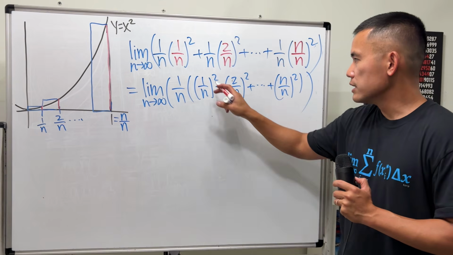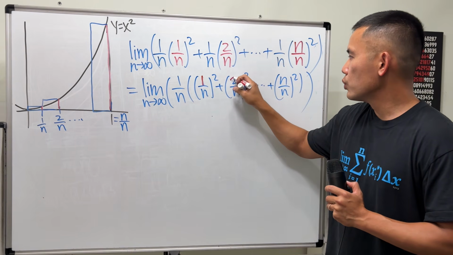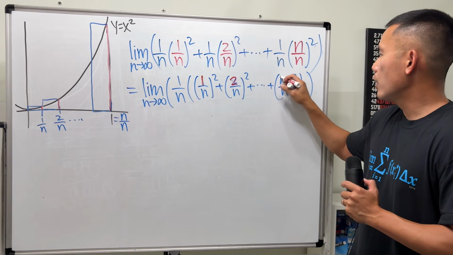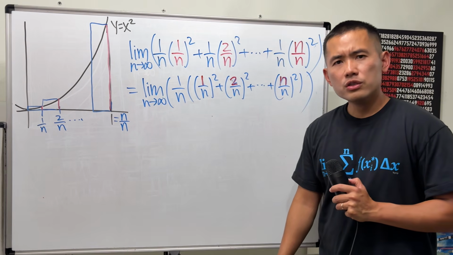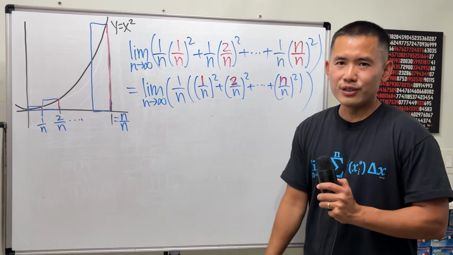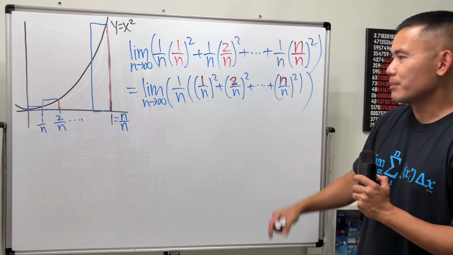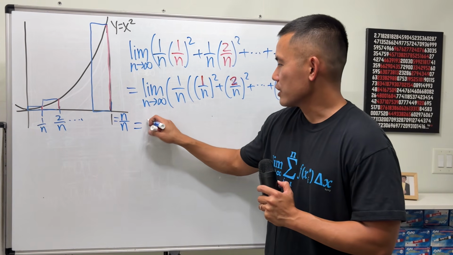However, do notice that we have 1, 2, 3, 4, all the way to n. These are the only things that are changing. So, we can actually use a summation to help us out to write this in a more compact way. Check this out.